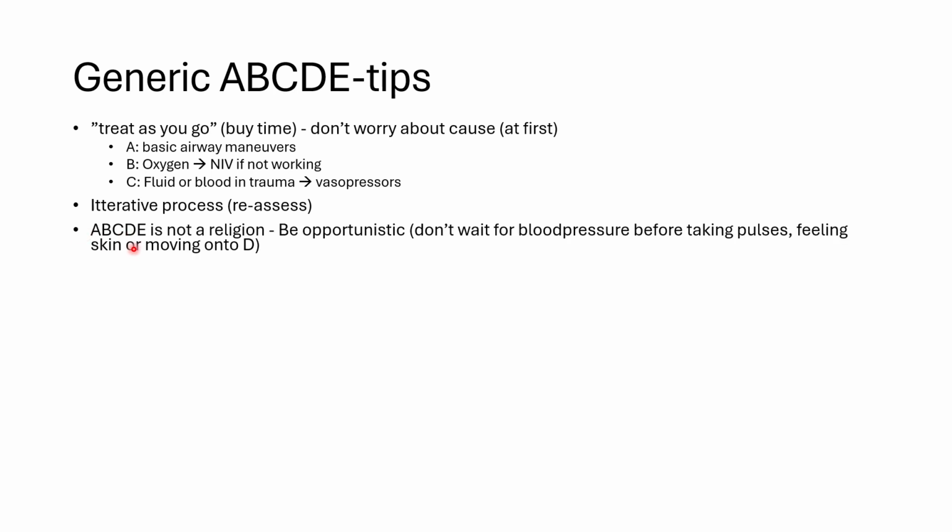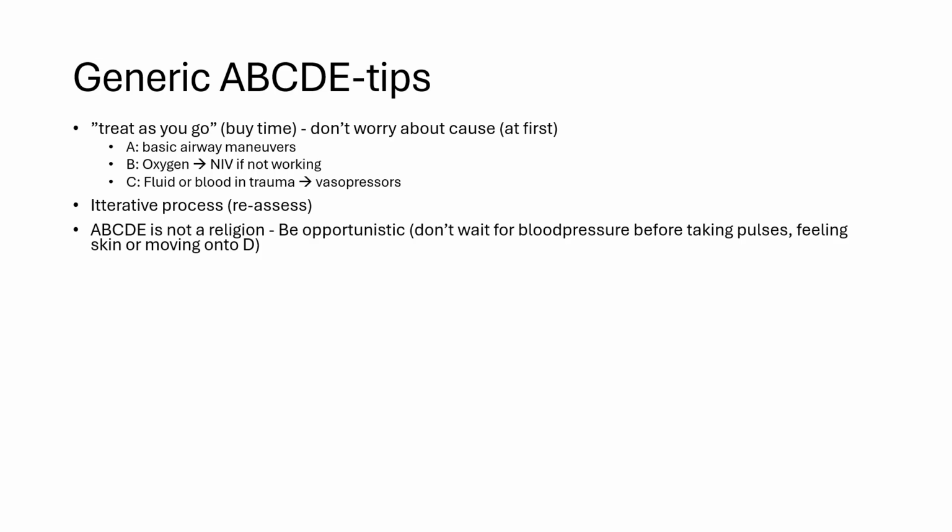Some courses will teach you that the O-ABCDE is a religion, like you have to go through A and keep going through A until you fix A. But I disagree with this. I think it's mainly from the ATLS course, and that's a trauma scenario, and maybe in some traumas that would be advisable. ATLS is taught in the entire world, to everyone, and of course then you have to have rules.